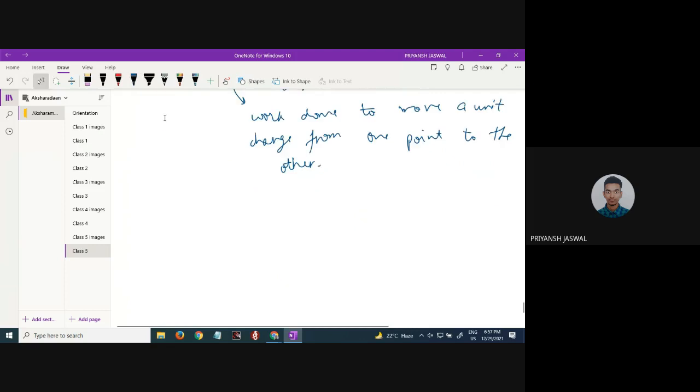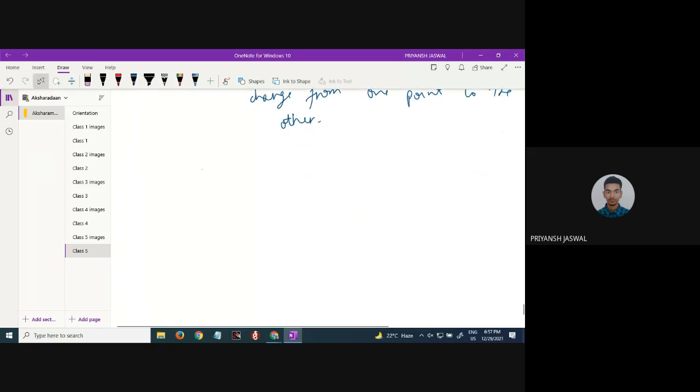Now, what it means is that suppose this is the conducting wire and this is point A and this is point B. If we take an amount of 1 coulomb charge here, we have to move this charge from point A to point B, and we need to give some energy to the system. Some work has to be done, otherwise it will not move. And that work is done by some battery which we apply.